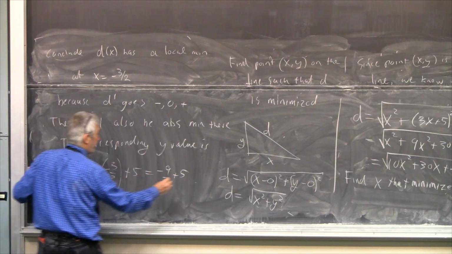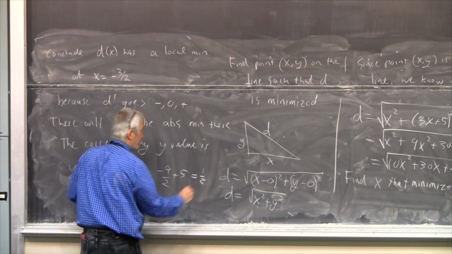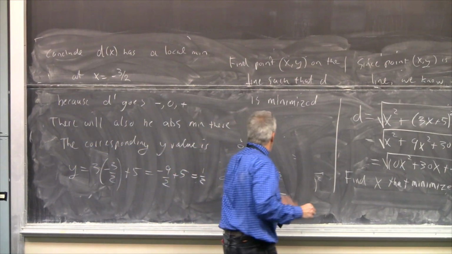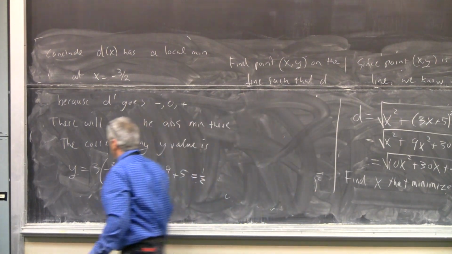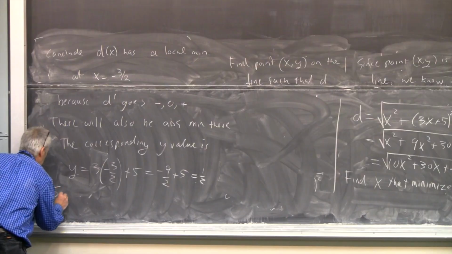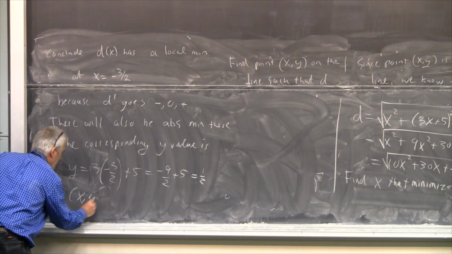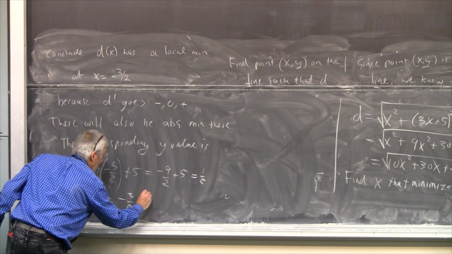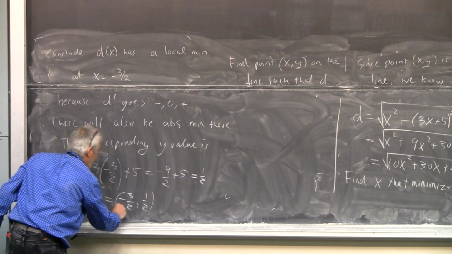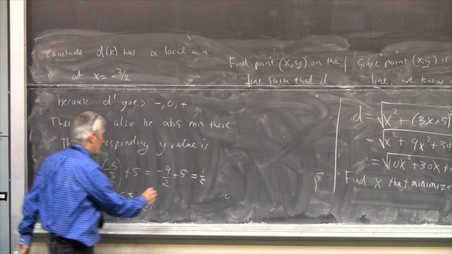So that's 1/2. So the point we're supposed to find, x, y, is going to be minus 3/2, comma, 1/2. And that point minimizes d.